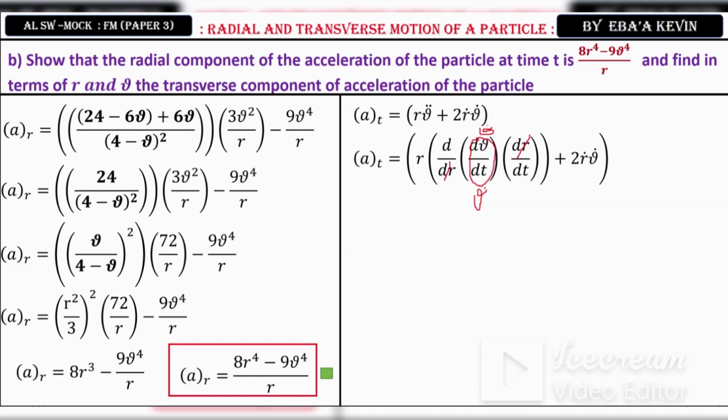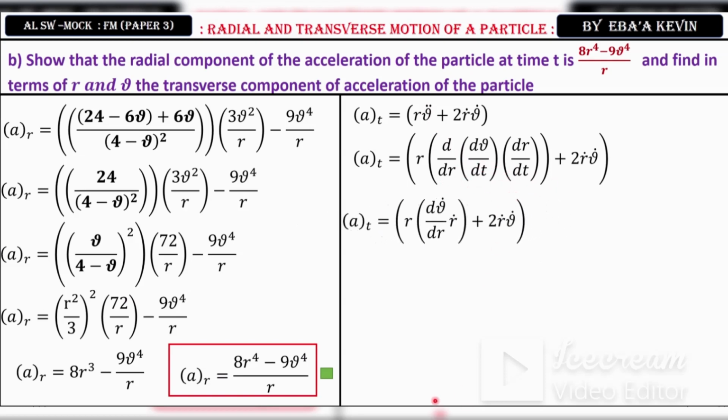If we cancel this term, you're going to be left with d of dθ/dt, then divided by dt, and this expression corresponds to θ dot. So finally, here we are going to have d θ dot over dt, and this corresponds to θ double dot. Take note of this very important expression for θ double dot.